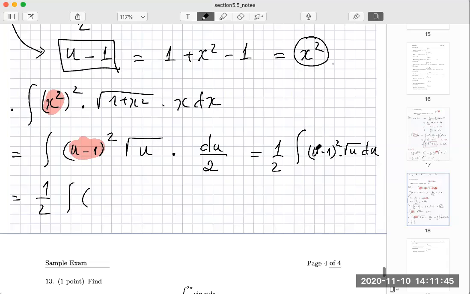So u minus 1 squared is the same as u squared minus 2u plus 1. And all of them multiply with square root of u, or let us write it as u to the 1/2. And then du, right? Okay, very good.